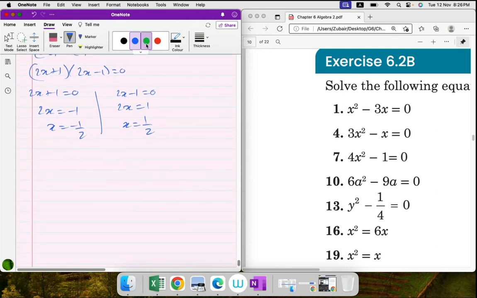Try question number 10. 6a square minus 9a is equal to 0. We will take 3a as common.